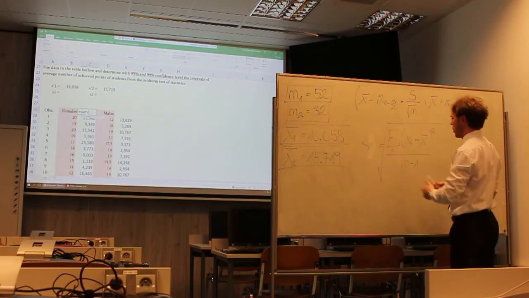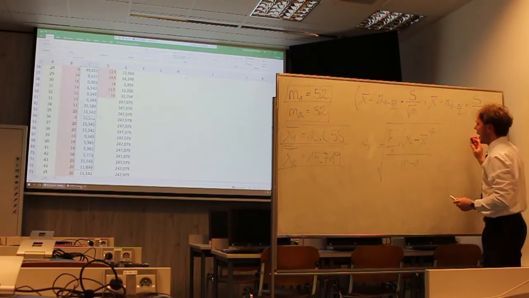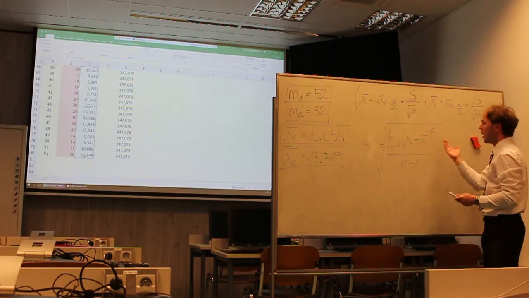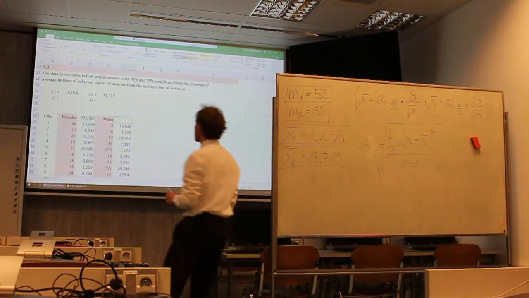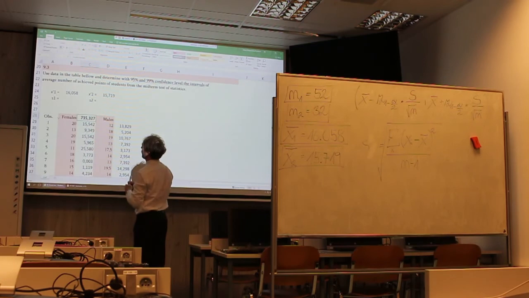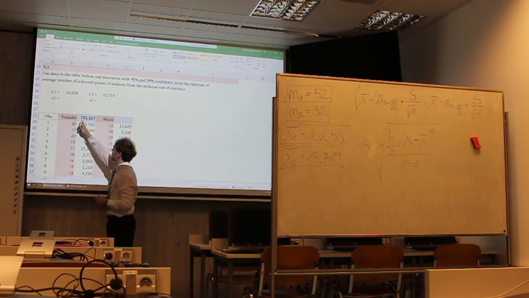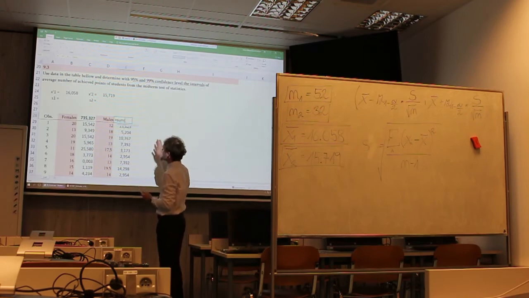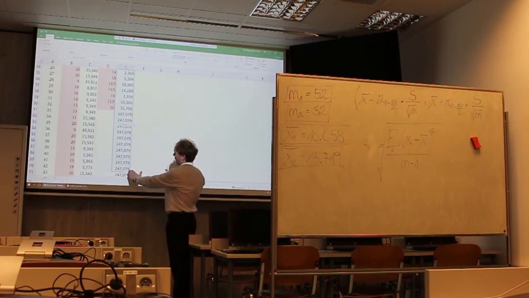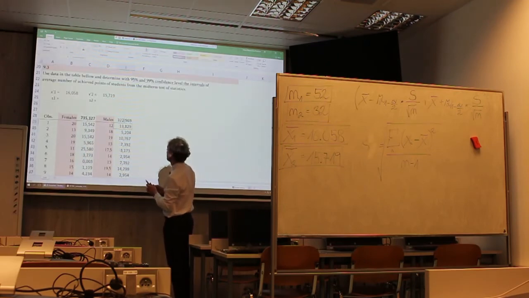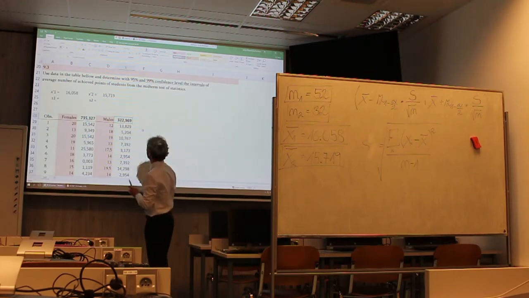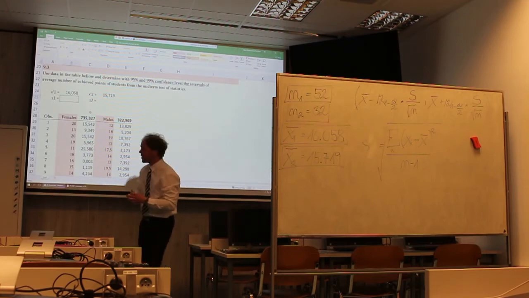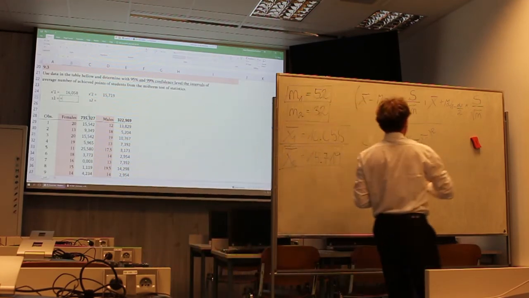So we will calculate the summation, and we will receive two numerators. The sum of these squared differences for females is 735 point something, and the sum of 32 squared differences for males is 322 point something. Okay, so I will rewrite.